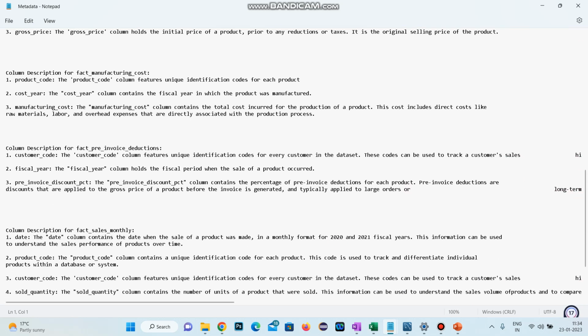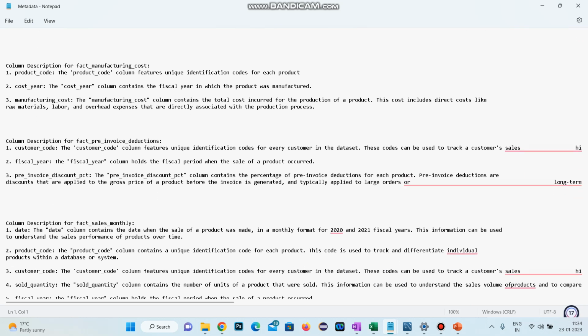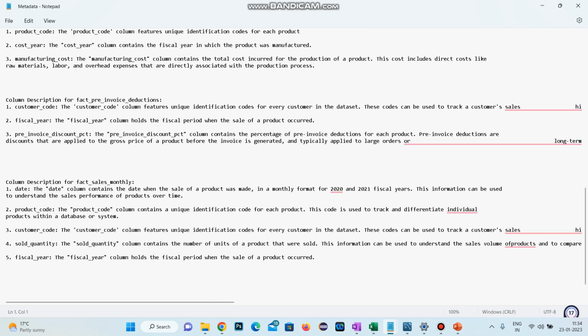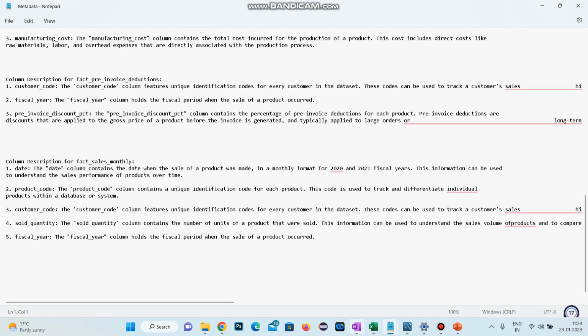Now the last table is fact sales monthly. It contains the date column, product code, customer code, sold quantity, and fiscal year.